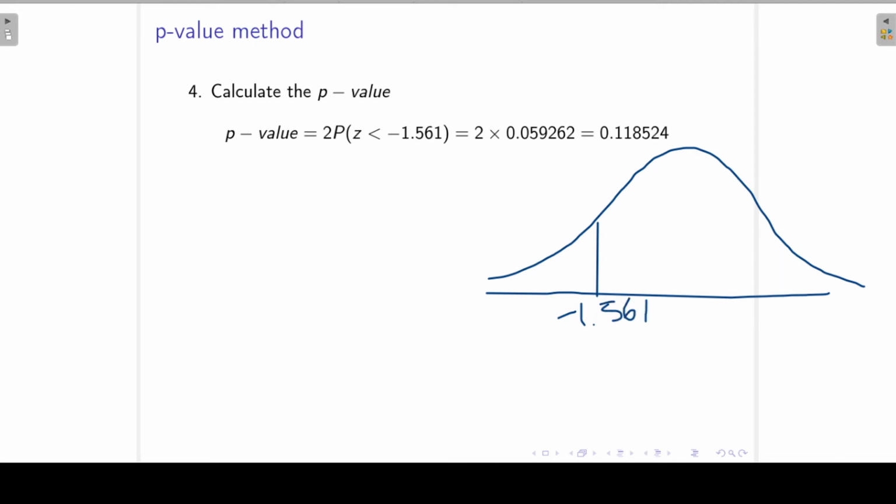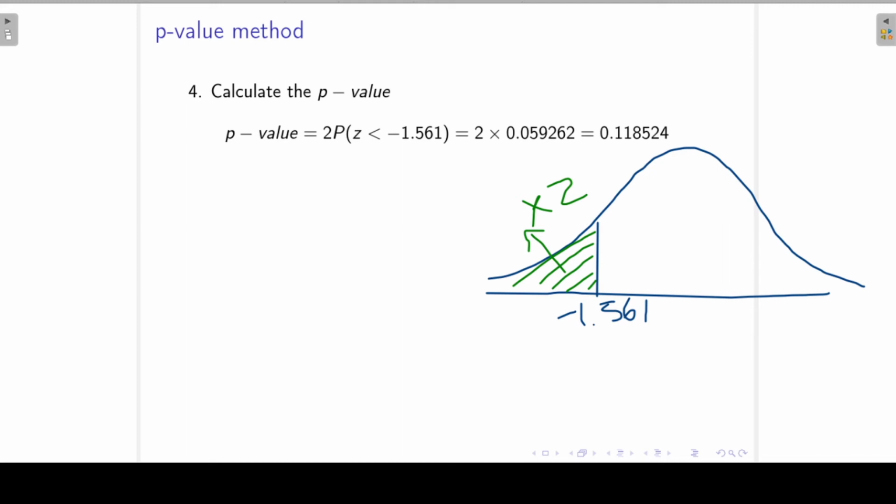My p-value will be the area to the left of this observed test statistic value. And because our alternative is two-sided, we will take this green area and we will multiply that by 2. And as I said, that is because our alternative hypothesis is a two-sided alternative.